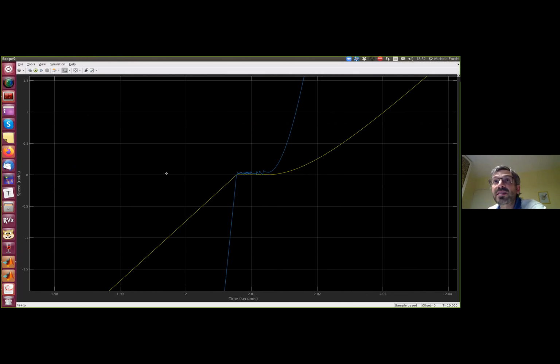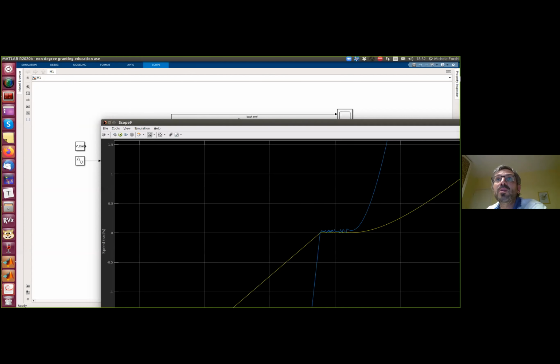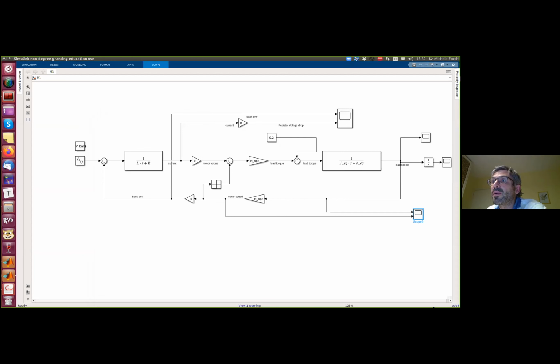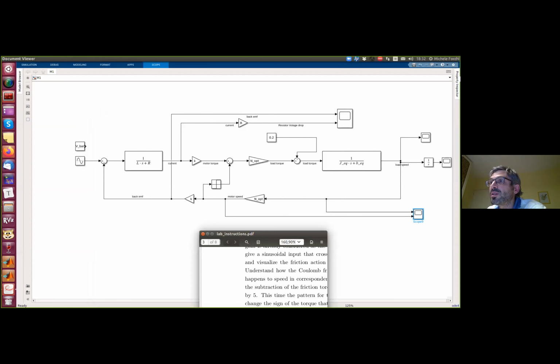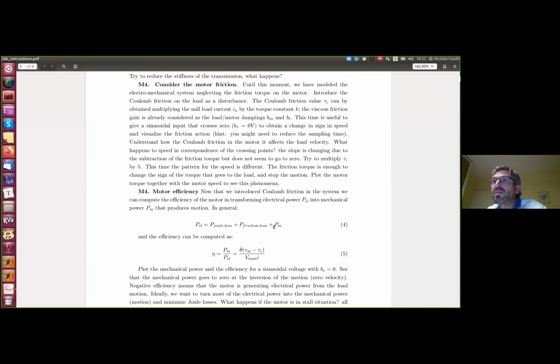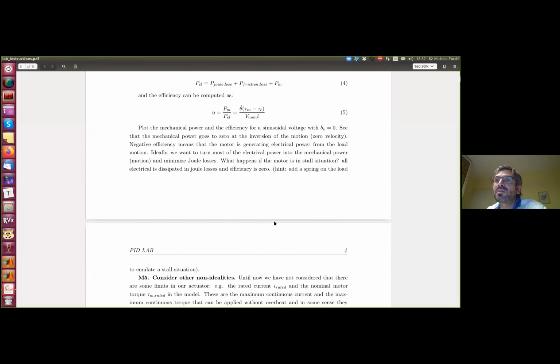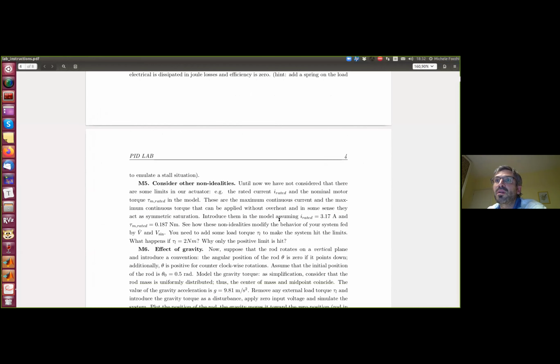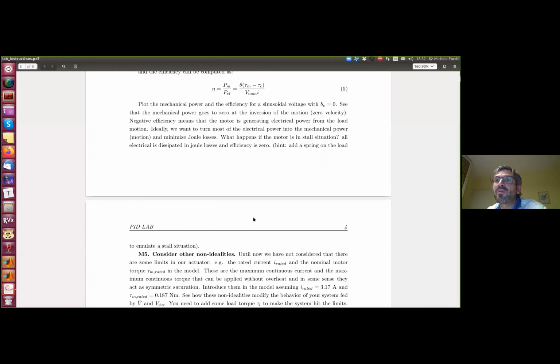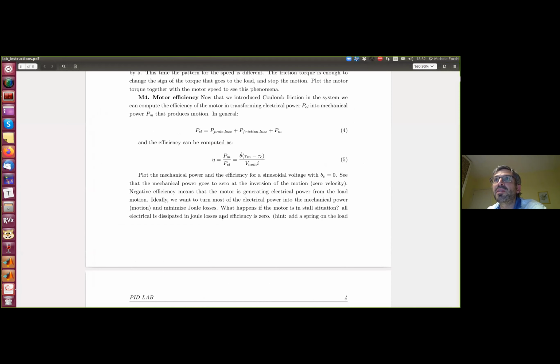So the next exercise, now that we introduced Coulomb friction, is about computing efficiency. Let's do M4 and 5 together to speed up a bit.